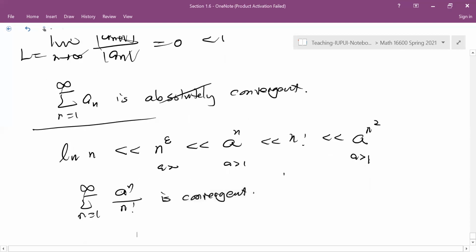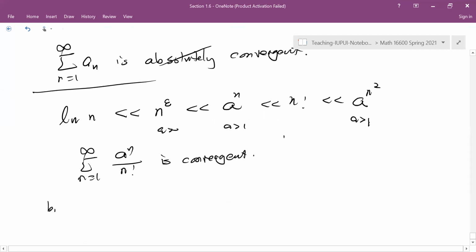But if I put a to the n squared in the numerator, then it will be divergent. Okay, that's it. We stop here.